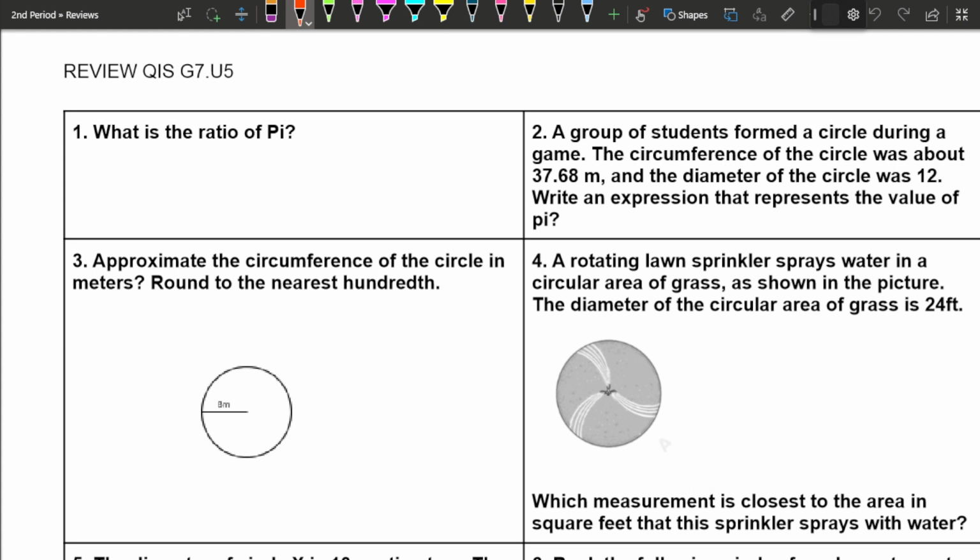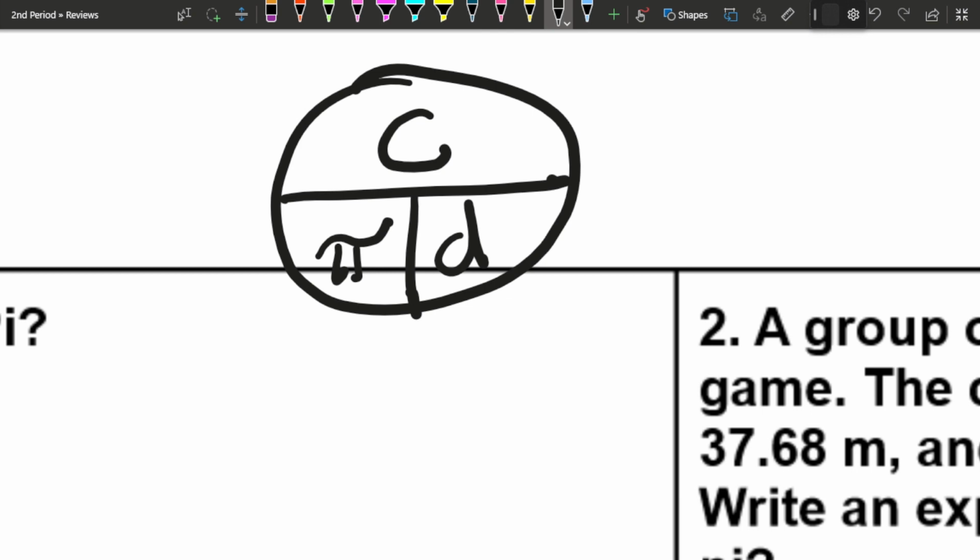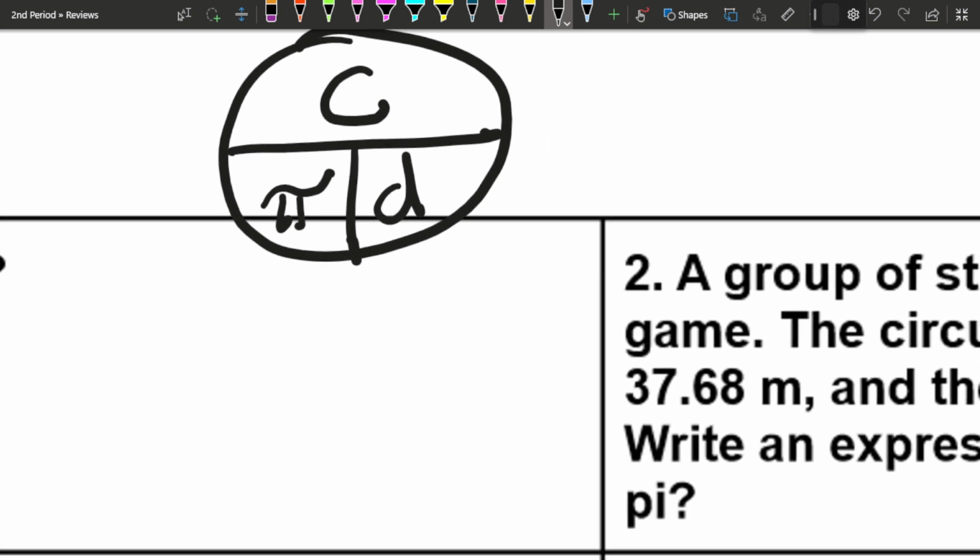So in my classroom, I have a poster that looks kind of like this. Let me show it to you. C pi d. That's kind of like an anchor chart that I have in my classroom. We said that those two lines represent different operations.